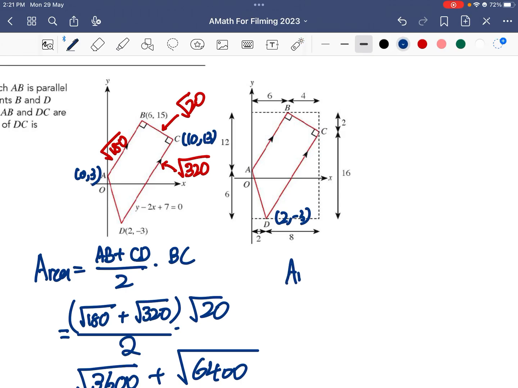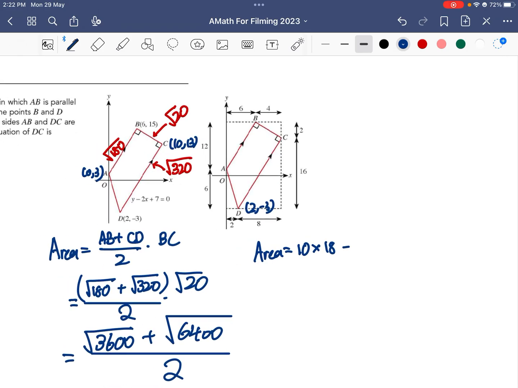So basically what I can do to get my area is take the whole rectangle itself, which is 10 times 18. Then I slowly minus away the other areas that I do not want. So it is minus 36, minus 4, minus 64, minus 6.